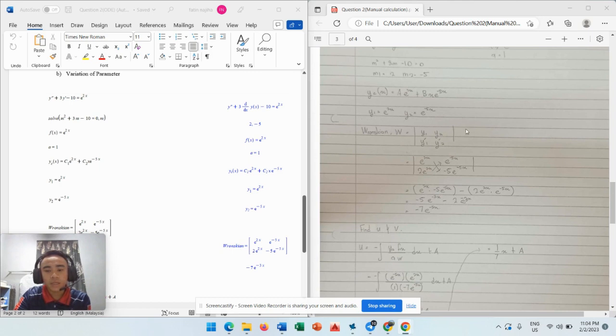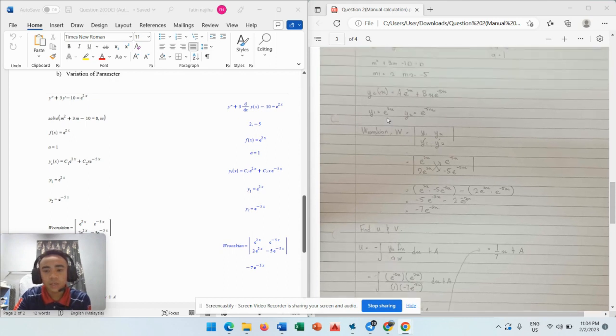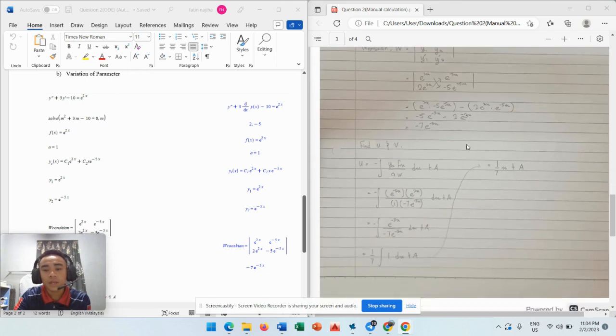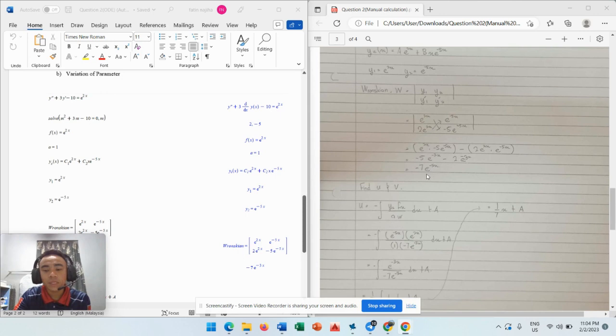After we get this, we do the Wronskian solution. Okay, this we substitute y1, y2, y double prime 1 and y double prime 2, and after we solve it, we get the answer is negative 7 exponent negative 3x.